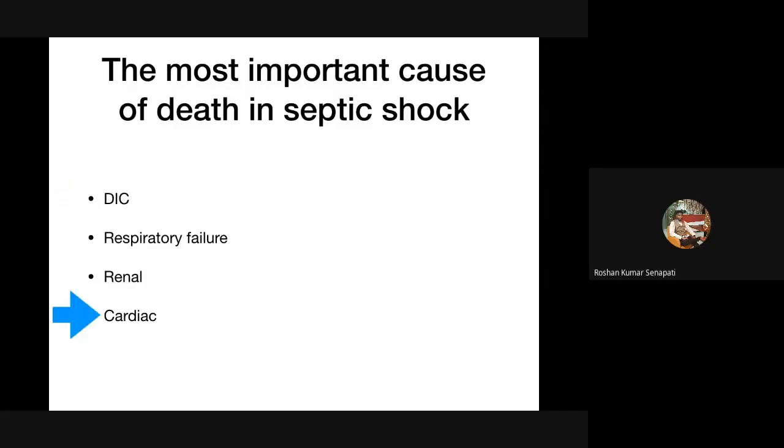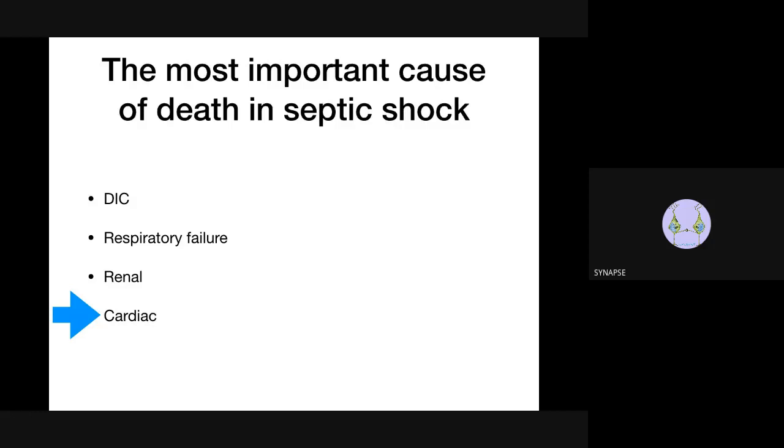Ma'am, if we go to the actual cause, it's MODS. Correct. The actual cause is MODS. But the most important cause of death in septic shock would be that the disease progresses from the warm phase to the cold phase and then death.